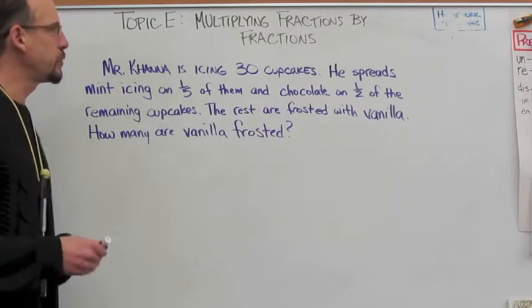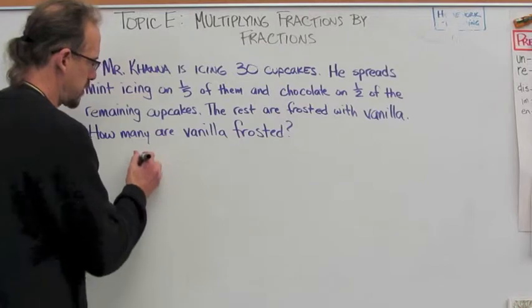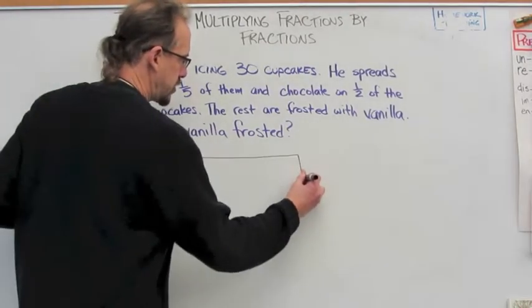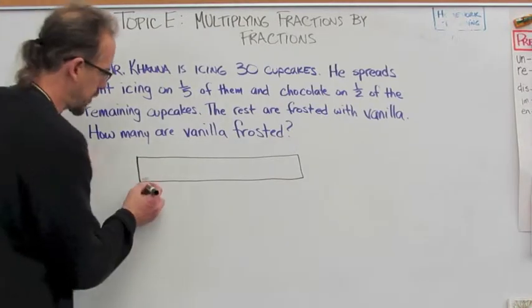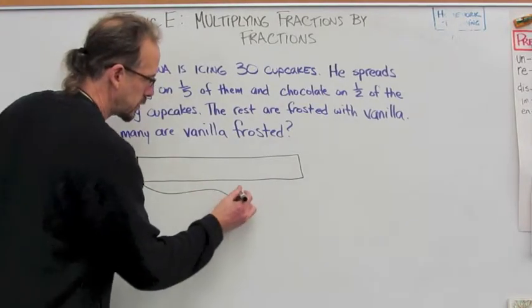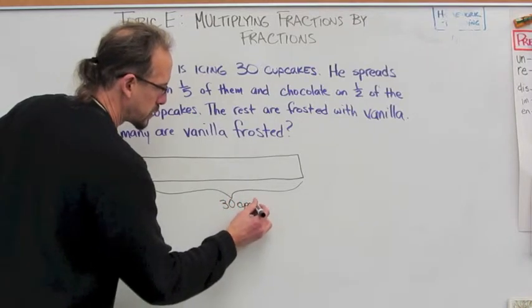So we want to use a tape diagram to model this. I'm going to draw a nice, neat rectangle to model all of the cupcakes, and I'm going to label that. That's 30 cupcakes.